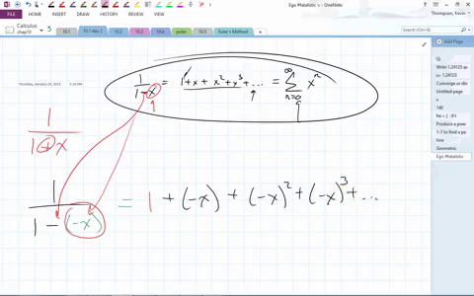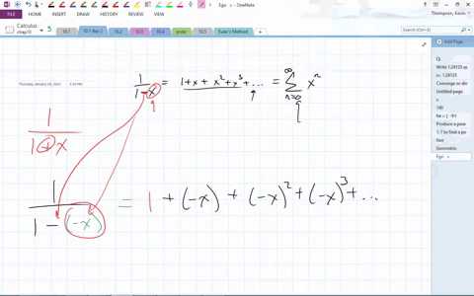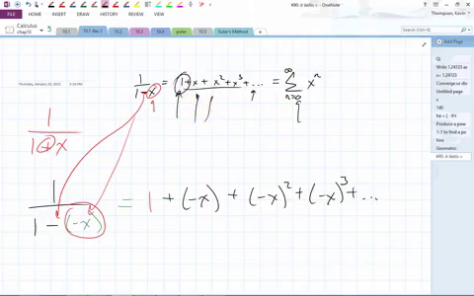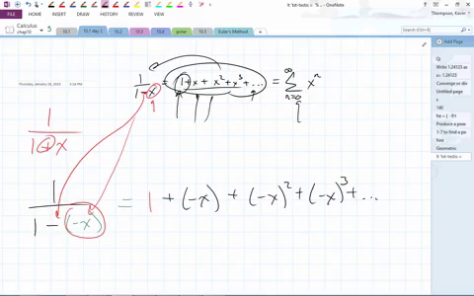Okay? Are we okay with that first statement written there? So for the 1, is that really 1 times negative x to the 0? How do we get the first one? I'm basing it off of this pattern. So this was a 1 already because we saw that in that geometric series, right? Because remember, we started here and we made that. So that first term is 1. You could also say it this way.